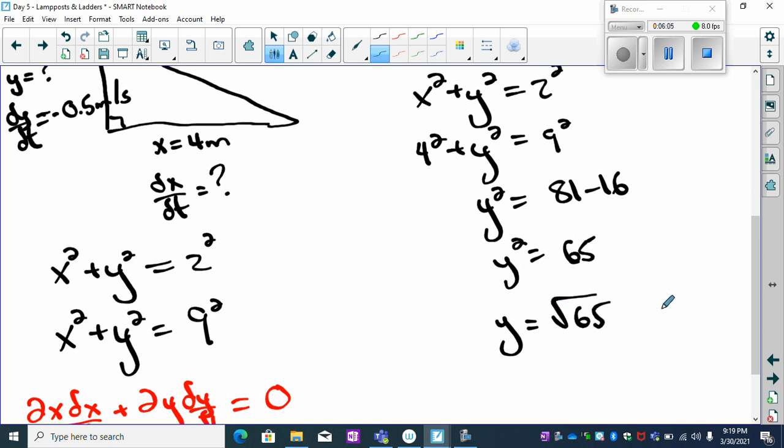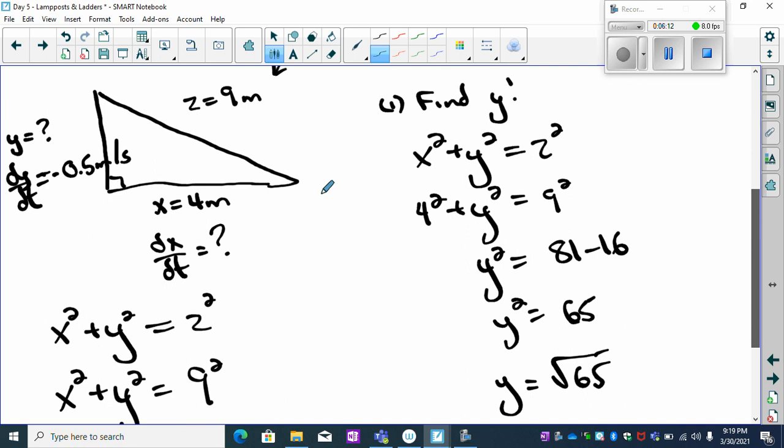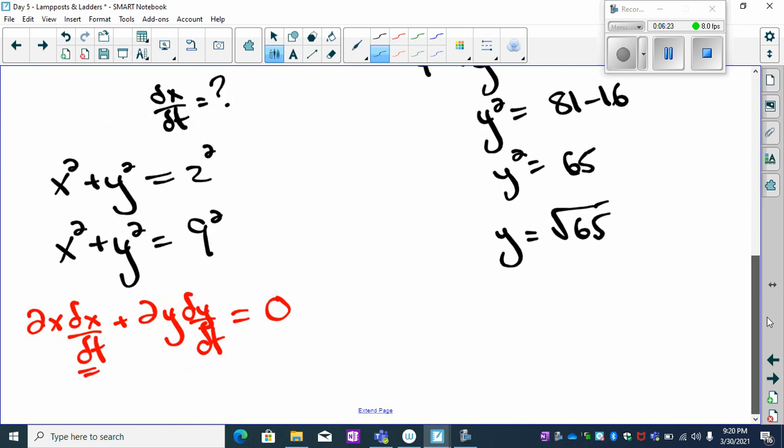Obviously, we're going to choose the positive square root. Okay? So y would be 8 point something. I'll leave it as root 65 for now.